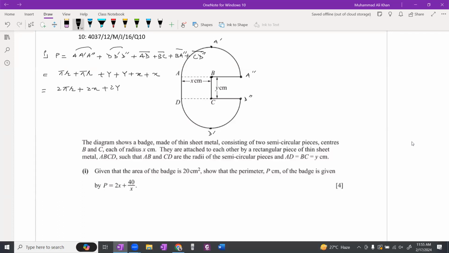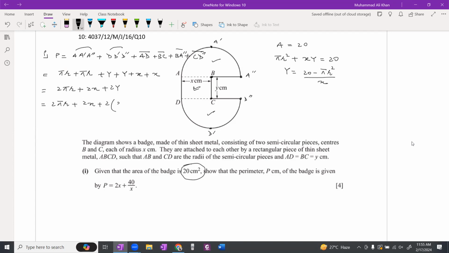So for this, area is given, which is 20 centimeters square. Can I say that area equals 20, and how can we calculate area? Semicircles make a complete circle, pi r square, plus area of this rectangle, xy, equals 20. So what is the value of y from this? 20 minus pi r square divided by x. Substitute in this perimeter's equation: 2 pi r plus 2x plus 2.